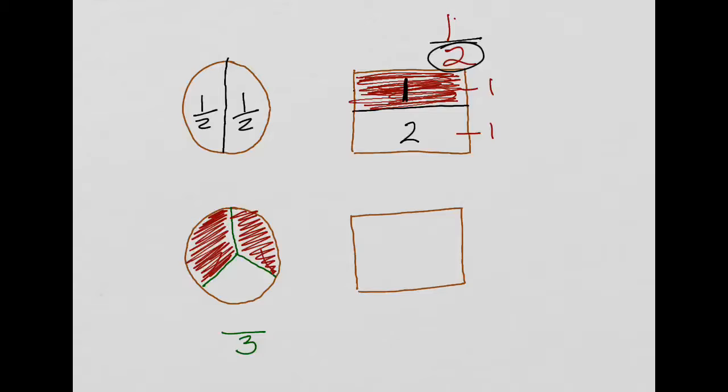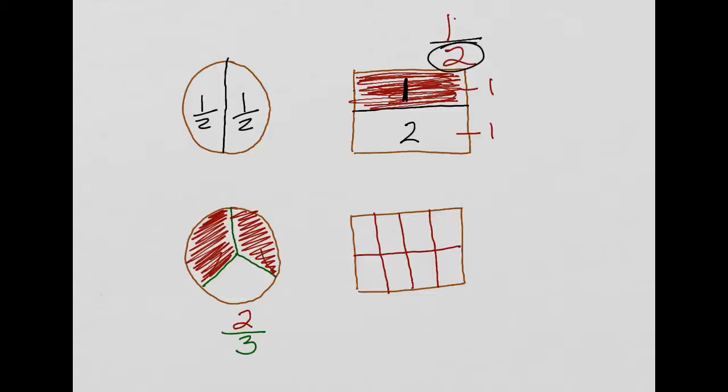But if I said how much of the cookie is filled in, you would say 2 out of the 3 pieces, which we would read as 2/3. Okay, so whatever it is divided into, that is going to be the bottom number.